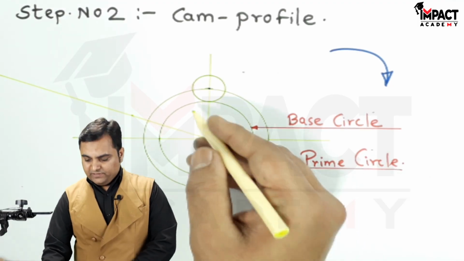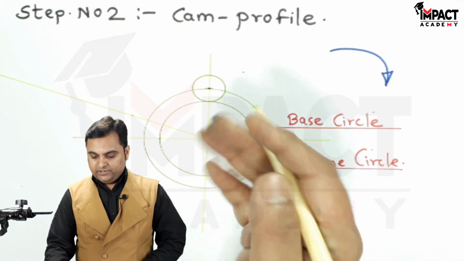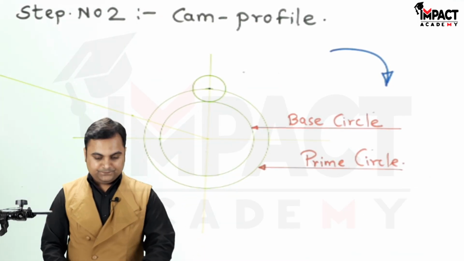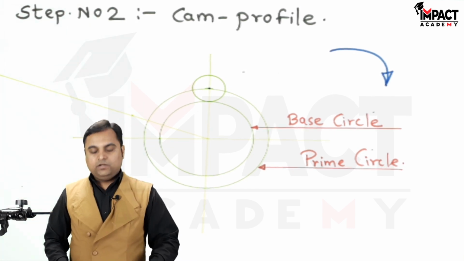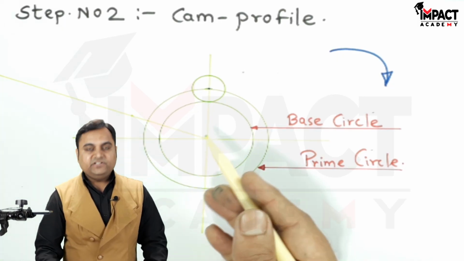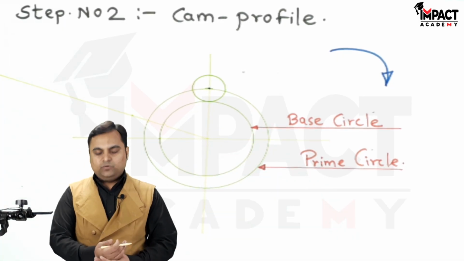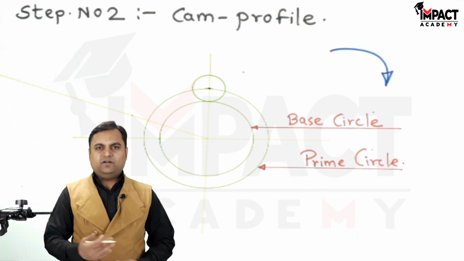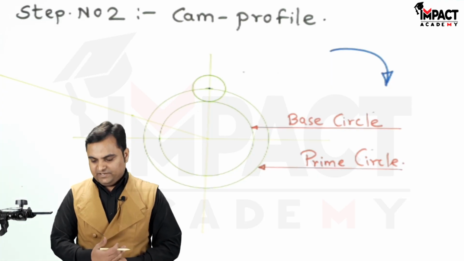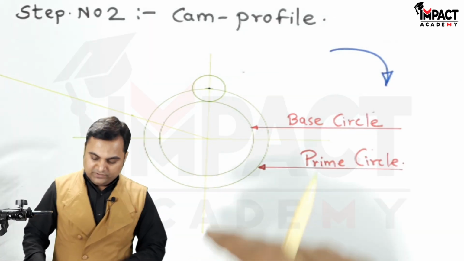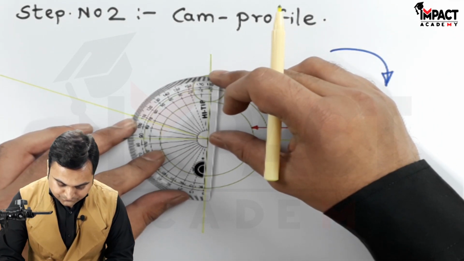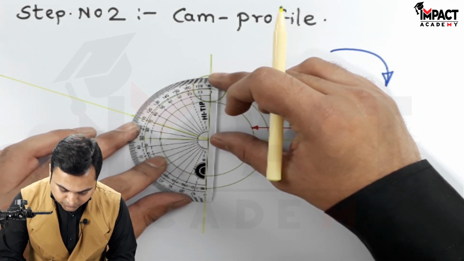Now I need to divide this 70-degree angle into 6 equal parts, and for that, when it is 70 degrees and I have to divide it into 6 equal parts, the answer comes around 11.6 degrees. So I would be taking the angle, it is close to 12 degrees we can say, and dividing it into 6 equal parts.